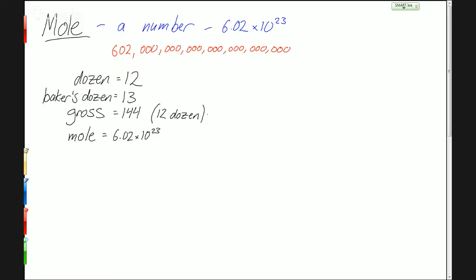Where that number actually comes from is that 1 mole of carbon atoms, so that's 6.02 times 10 to the 23rd carbon atoms, weighs 12.011 grams.